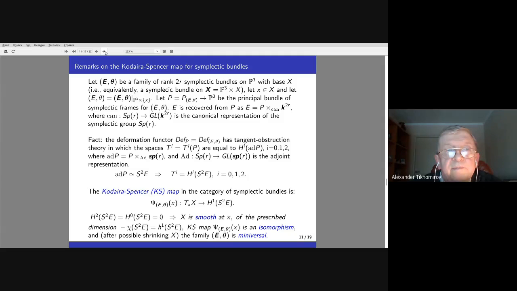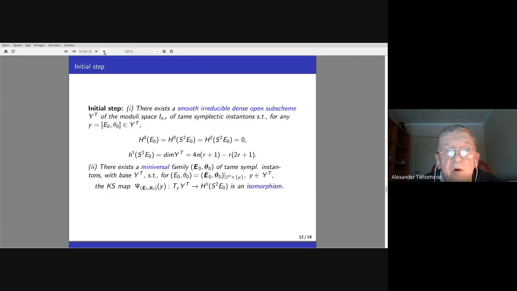Okay. So, our initial step, using these remarks from deformation theory, we can distinguish a certain smooth, irreducible, dense, open subset, which is actually a subscheme in the moduli space of tame symplectic instantons.